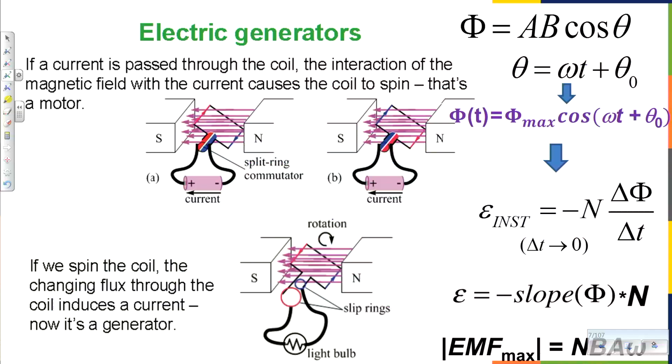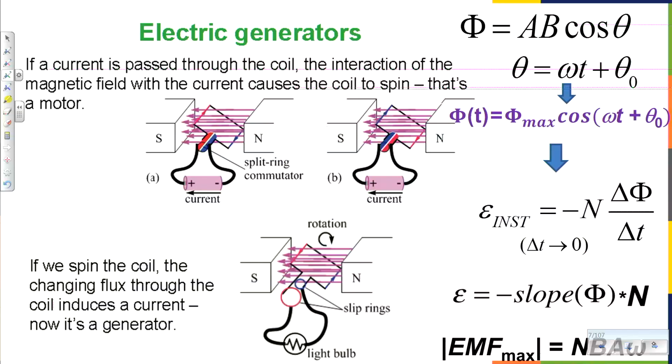It doesn't really matter which we use as a generator, as a motor. So we can use this as a generator. That becomes a motor. We can use this as a generator. That becomes a motor. And the only difference is which type of energy we transfer into which type of energy, but what's inside is the same. Source of magnetic field and spinning coil.